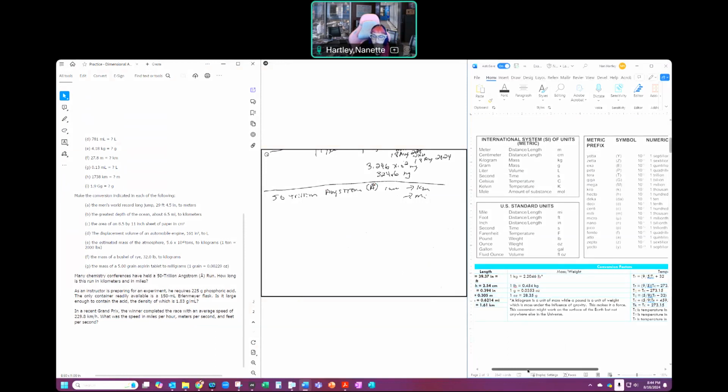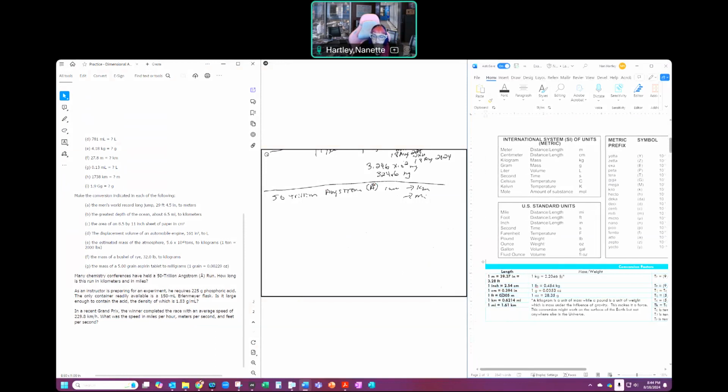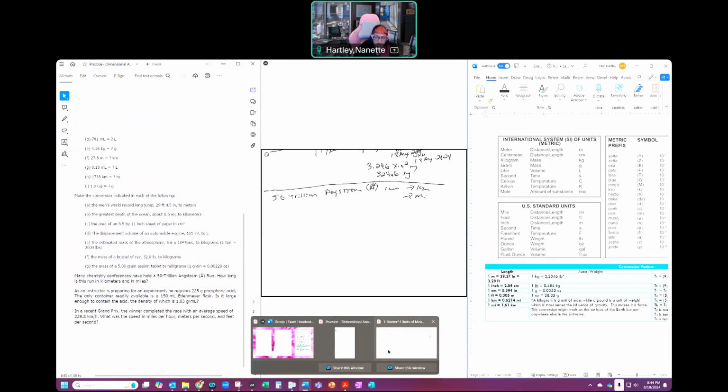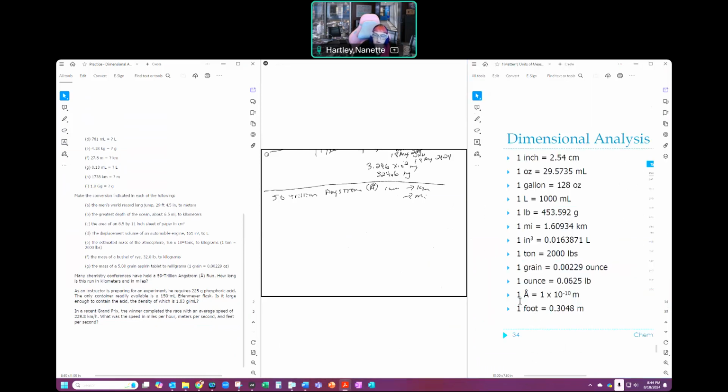So I look at my sheet here and I say, well, is it in here? Nope, actually it's not. So what else do I have to look at? Well, the other thing we had to look at was that thing from class, remember? Look, there it is. 1 angstrom is equal to 1 times 10 to the minus 10th meters.